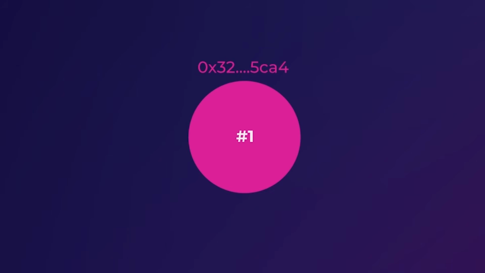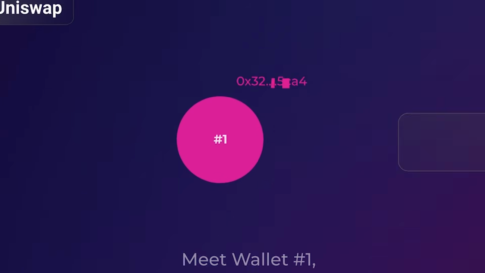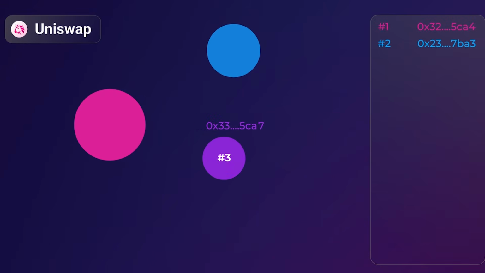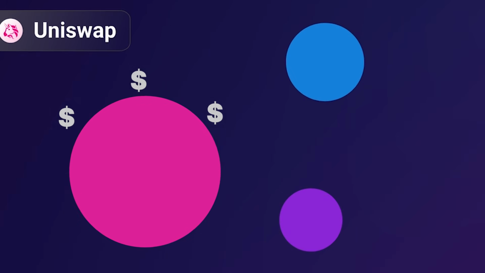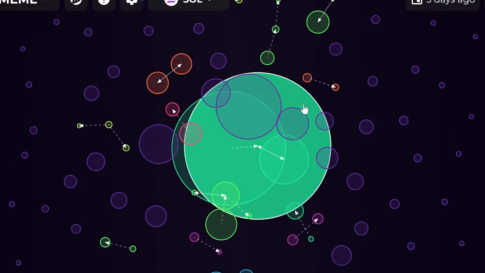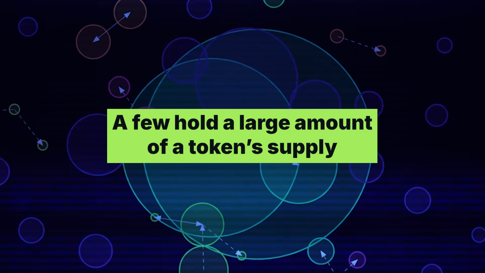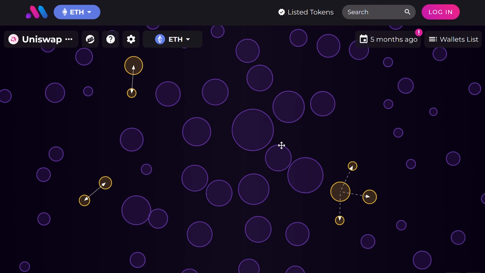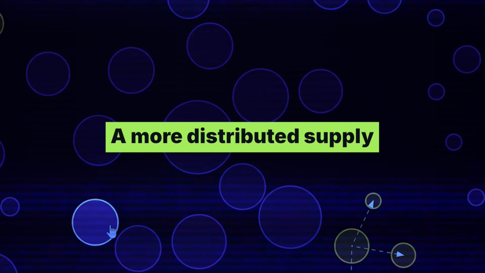Each bubble represents a wallet address, with the size of the bubble proportional to the percentage of a token's total supply held by the wallet. So the larger the bubble, the larger the share. A map with just large bubbles indicates a few hold a large amount of a token supply, whereas evenly sized bubbles would mean a more distributed supply.